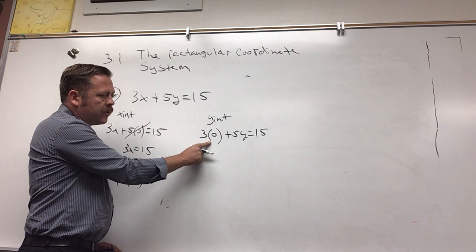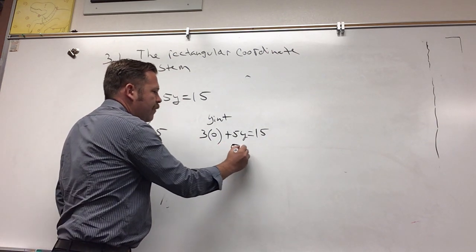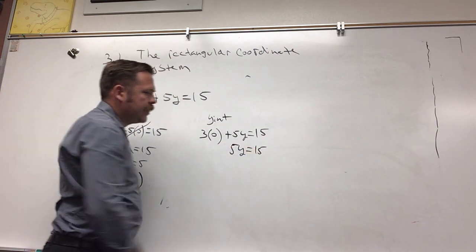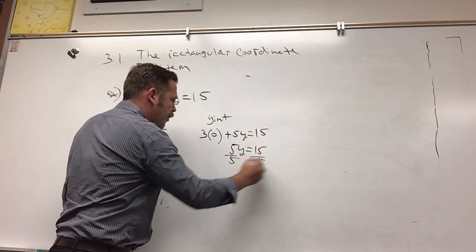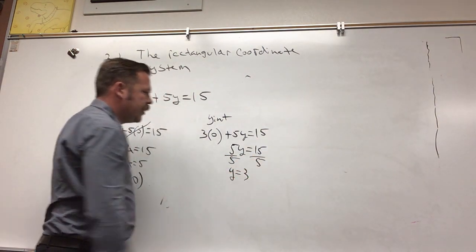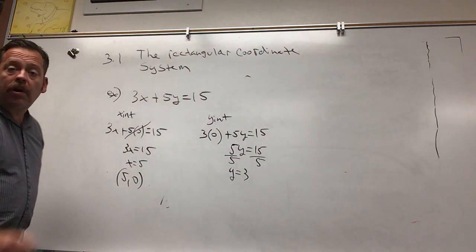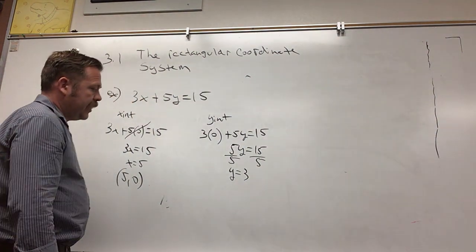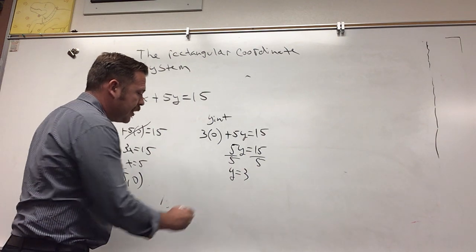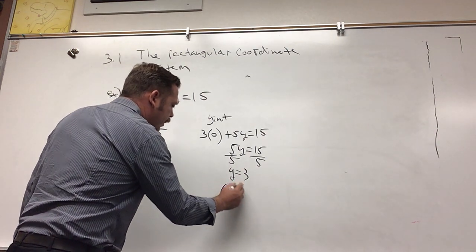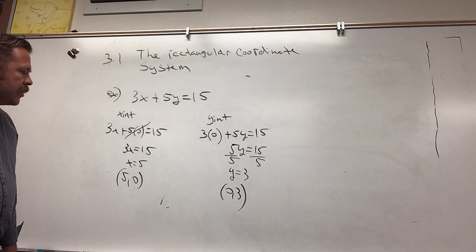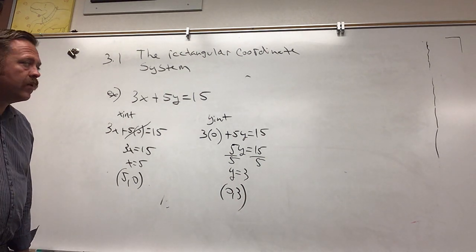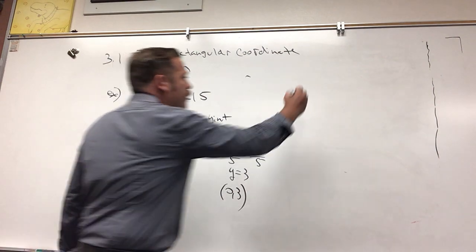The x term goes away, and I'm left with 5y = 15. Now, if I divide by 5, y = 3, okay? So my y-intercept is (0, 3). All right, now I know where the line crosses the x and y axis. It makes it so easy to graph. I'm going to graph it right up here.